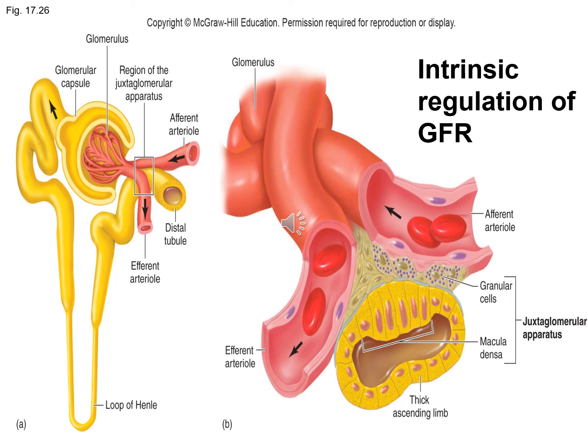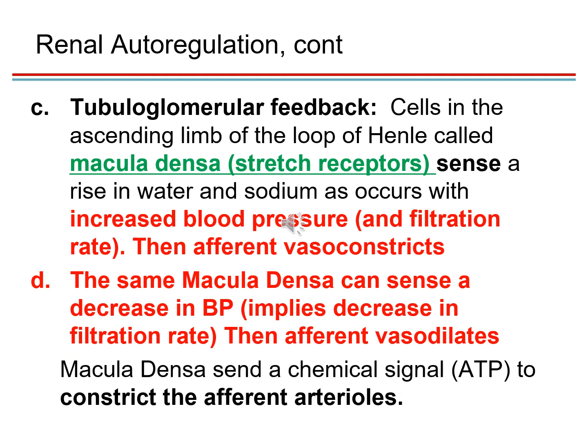Keep in mind that this intrinsic regulation takes place between the juxtaglomerular apparatus and the afferent arteriole. The communication between the juxtaglomerular apparatus, specifically the macula densa, and the afferent arteriole is called tubuloglomerular feedback.